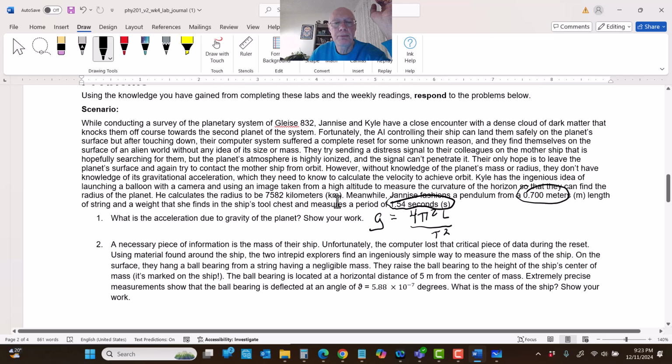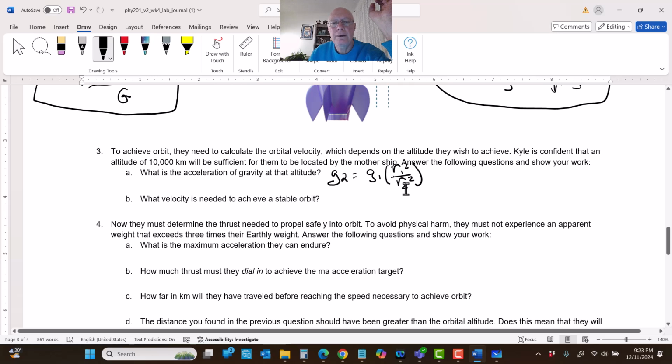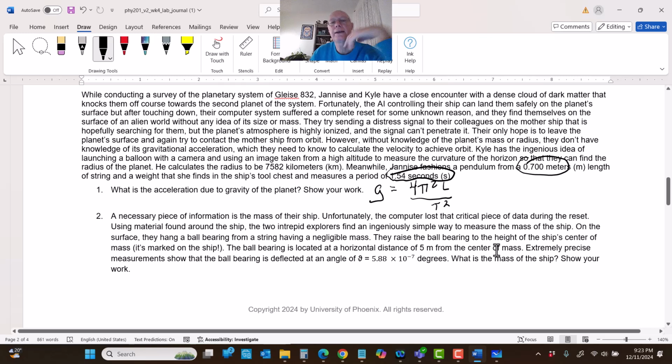It's this, but remember, convert to meters. Everything's in meters. And this other radius is the orbital radius, which corresponds to an altitude of 10,000 kilometers, which means you have to add 10,000 kilometers to the radius of the planet, okay?